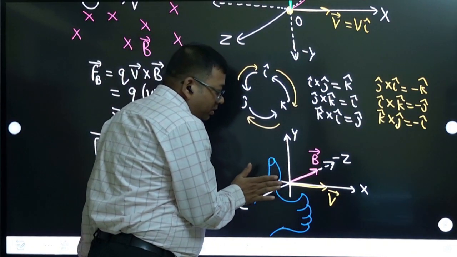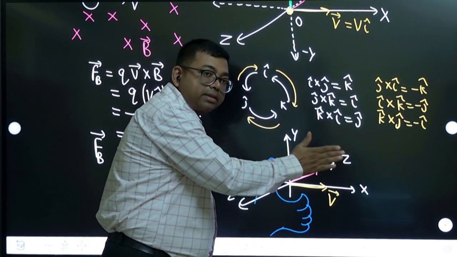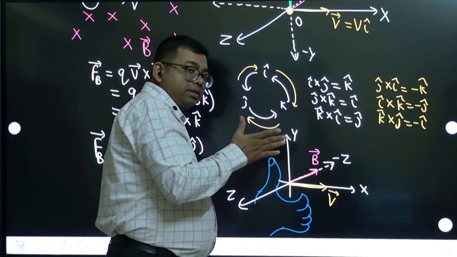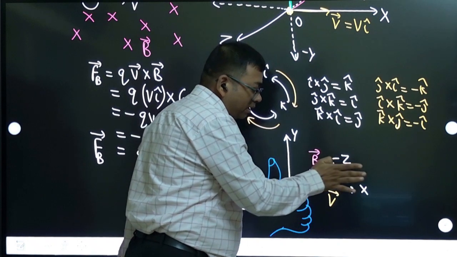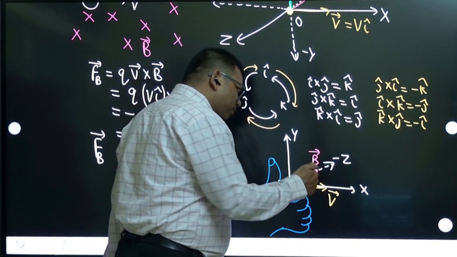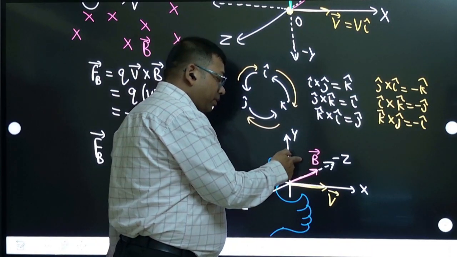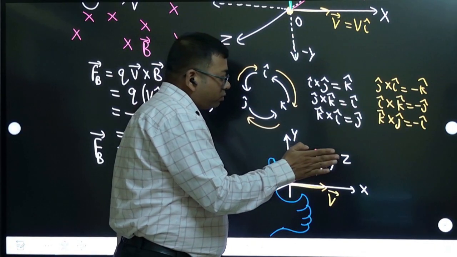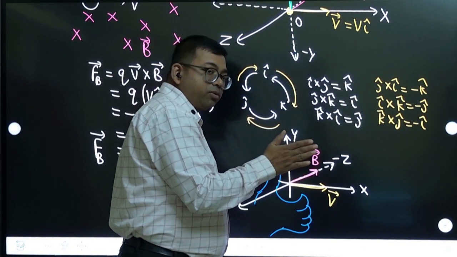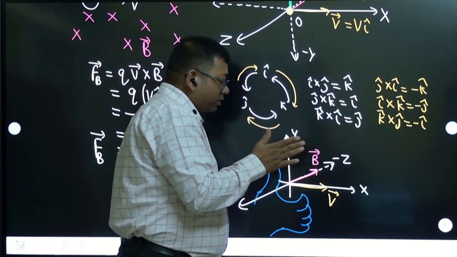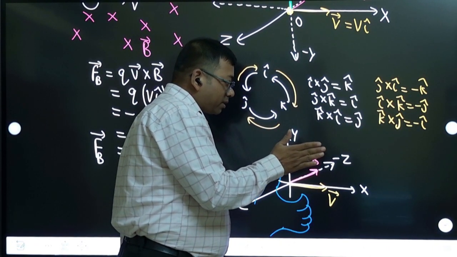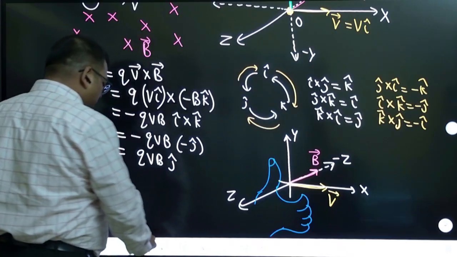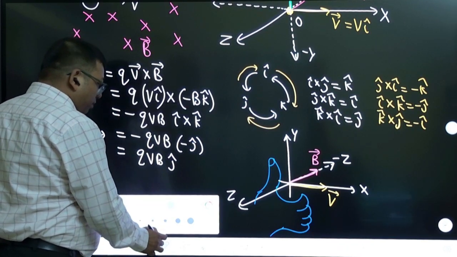So V cross B means V is going along the x-axis. All the fingers except the thumb are going along the x-axis, and the magnetic field is going inside. B vector is inside. Now you turn your fingers from V to B. That means you rotate the fingers from the x-axis to the negative z-axis, and the thumb is going to point in the upward direction.